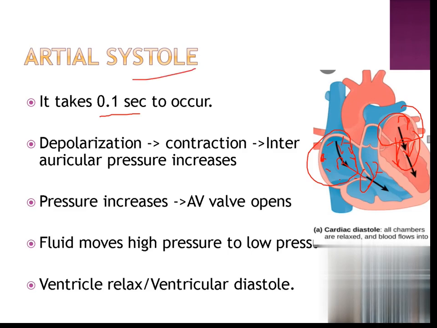In this atrial systole phase, which occurs for 0.1 second, while these auricles are contracted, the ventricles are in a relaxed state or diastole state. Here there is no contraction in the ventricles.